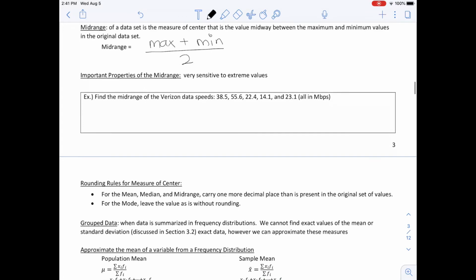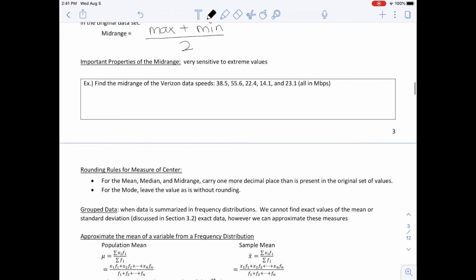The next example says find the mid-range of the Verizon data speeds, and we have 38.5, 55.6, 22.4, 14.1, and 23.1. These are all in megabits per second. In order to find our mid-range, we add the max value, which is 55.6, and our minimum value, the smallest number, which is 14.1.